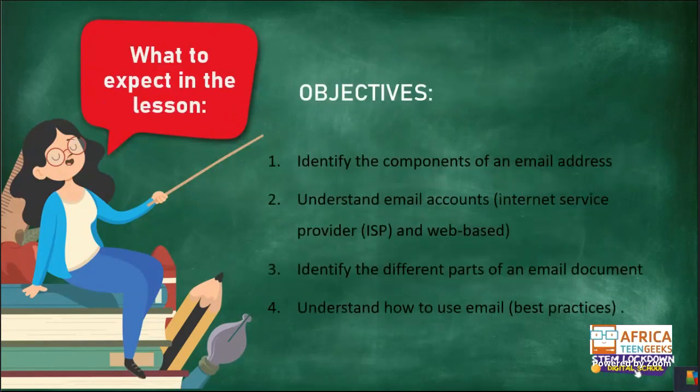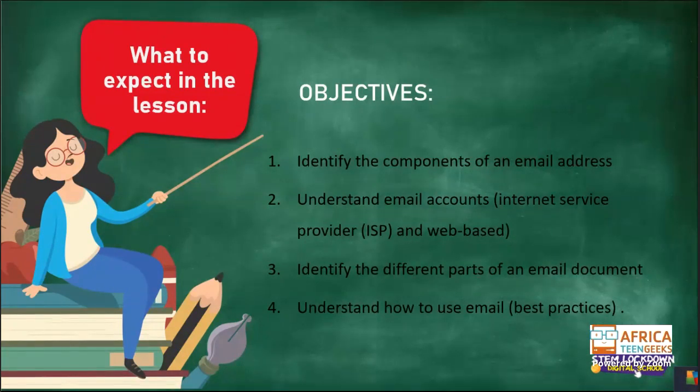And our objectives, we have about 4 objectives today. Number 1, you should be able to identify the different components of an email address. Number 2, you should be able to understand the difference between internet service provider-based email and web-based email.